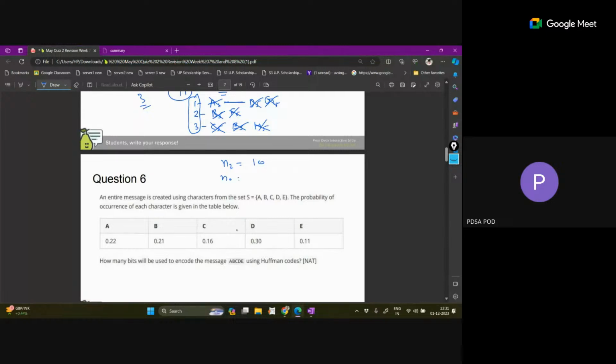You can directly use that formula, n0 equals n2 plus 1. So here the answer will be 11. Similarly, if the number of leaf nodes is given, like 20, and it asks what is the number of nodes with 2 children, just use n0 minus 1, which is 19. So this is the direct formula, if it is given in this manner.